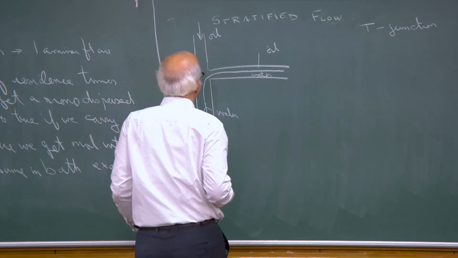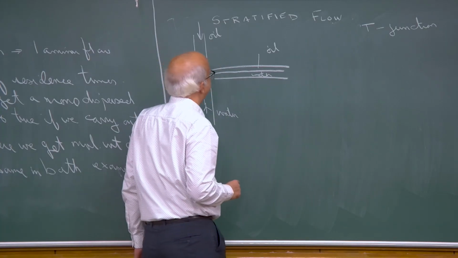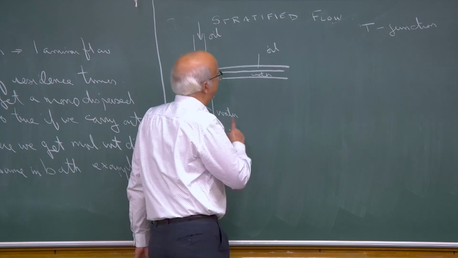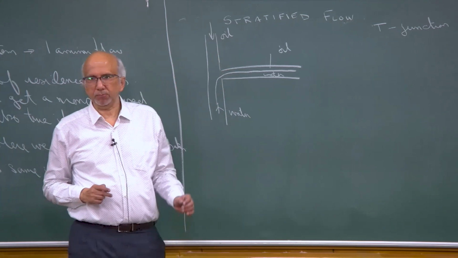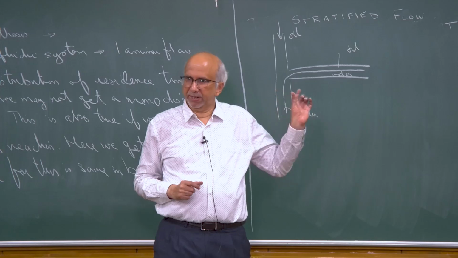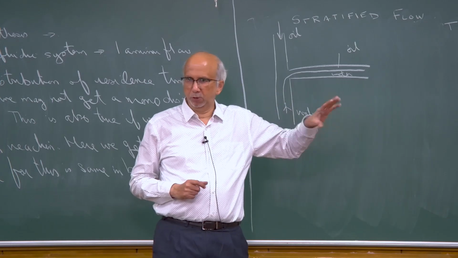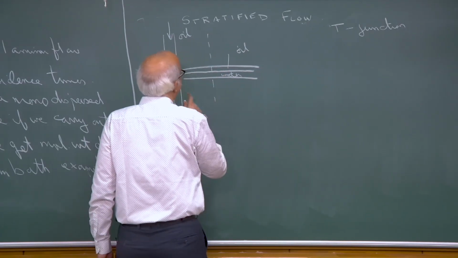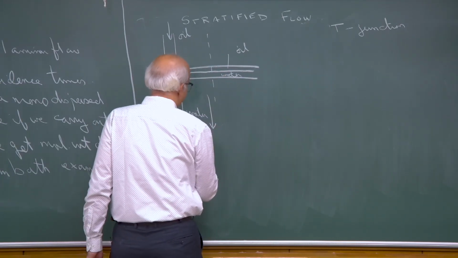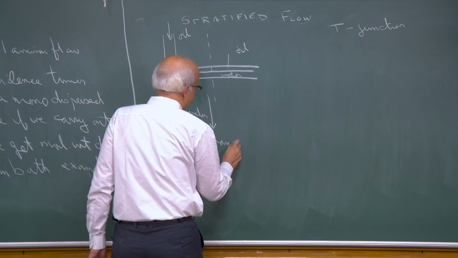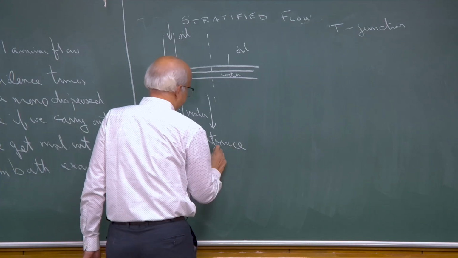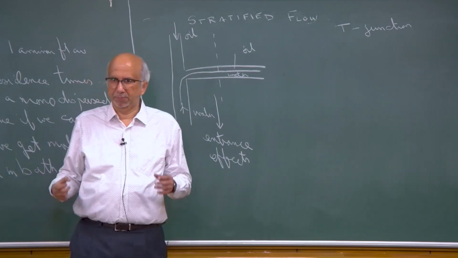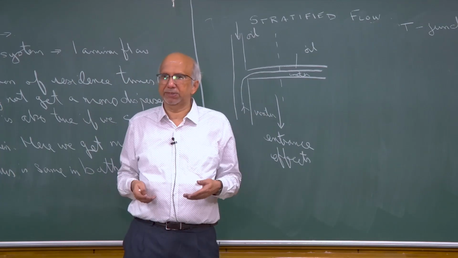Now, when this happens, I can divide this entire channel into two portions. The first portion near the inlet is where we have the entrance effects, because that is near the inlet of the channel.